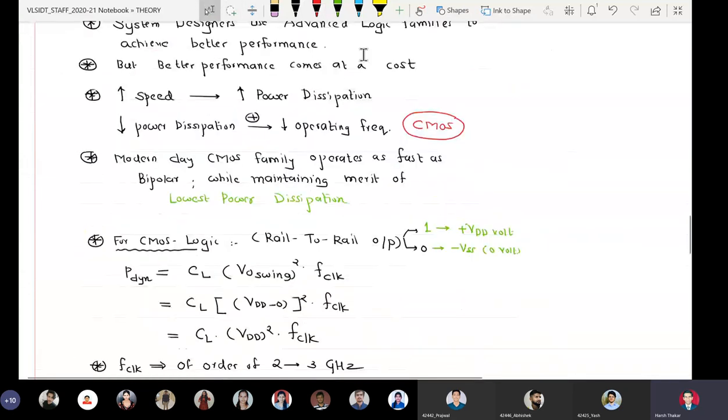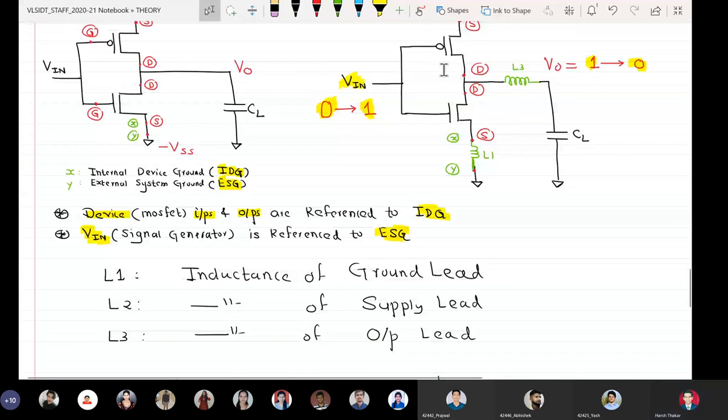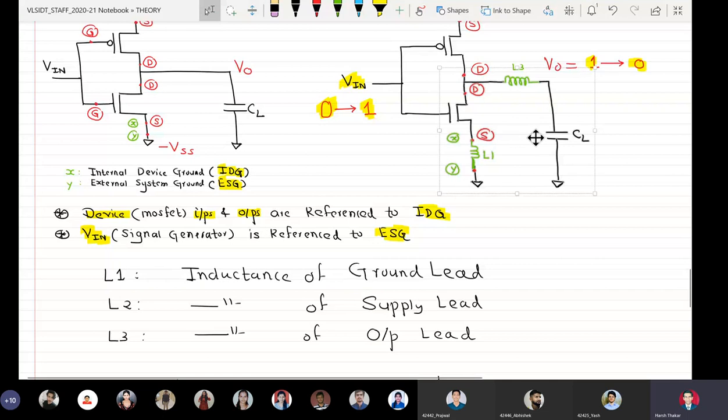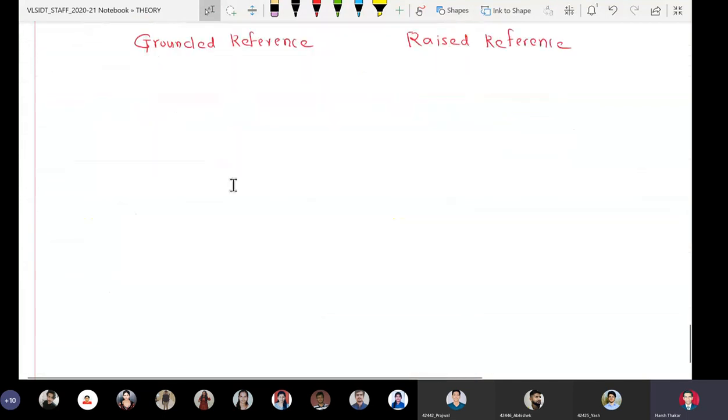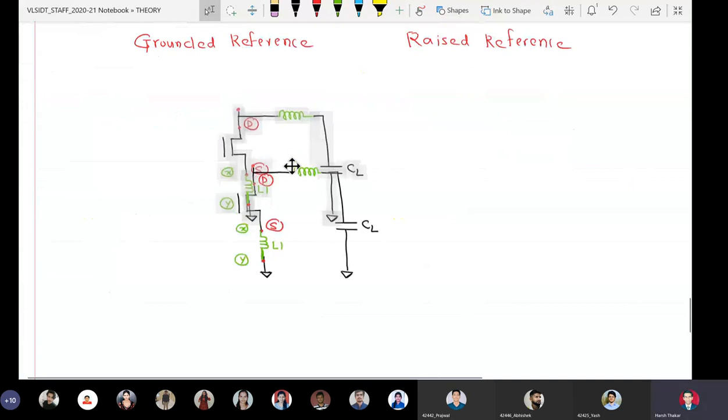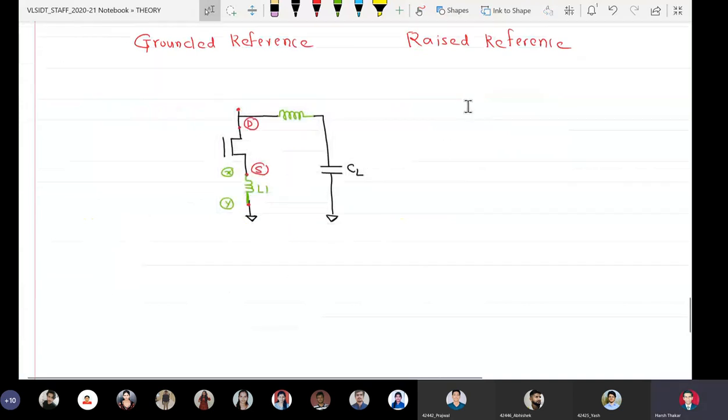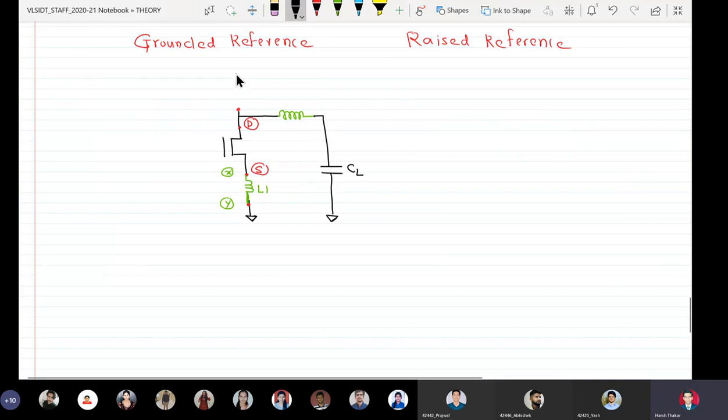Vo was 0 and goes to 1, Vout was equal to 1 and goes to 0.